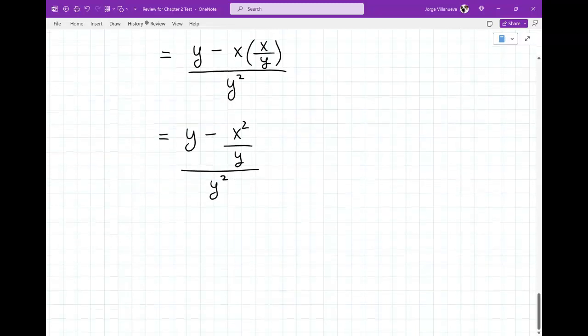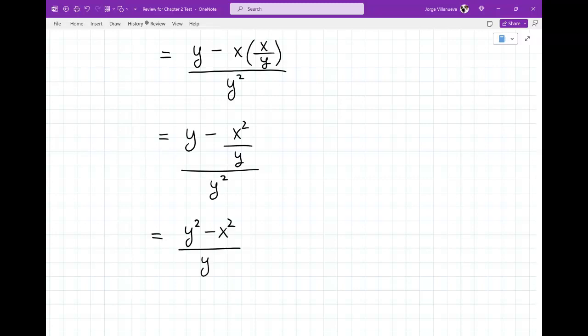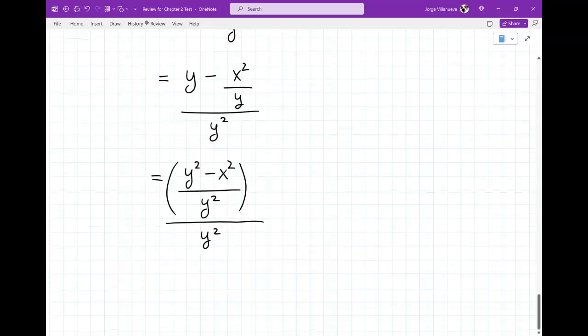I can combine the top part, y minus x squared over y, if they have the same denominator. So this will become y squared minus x squared over y, all divided by y squared. Okay, let me explain that.